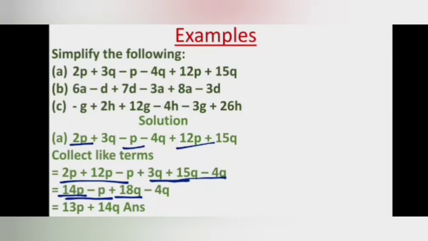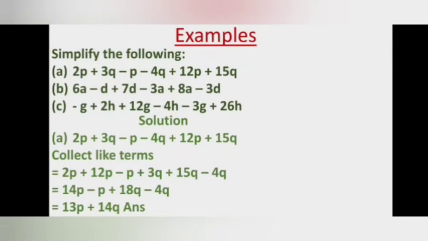This p means 1p, the same thing, but the 1 is silent. So we have 13p plus 18q minus 4q, which gives you 14q. So the answer is 13p plus 14q. You can see it's very simple, as simple as that.